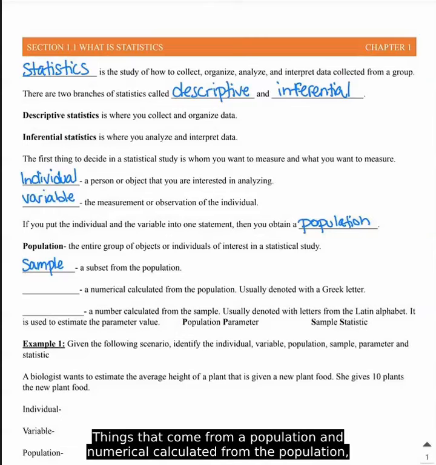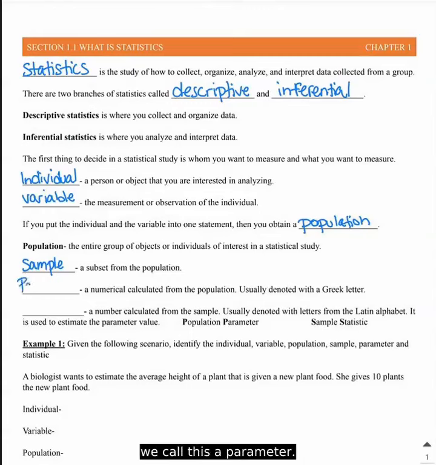A numerical value calculated from the population we call a parameter, and it's usually denoted with a Greek letter. Now, if it's a number calculated from a sample, we call it a statistic. And you'll notice that there's no S on this.